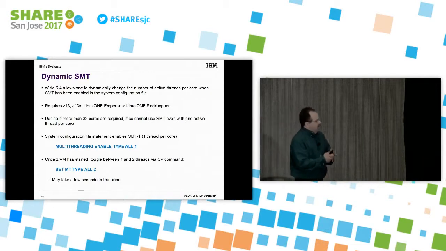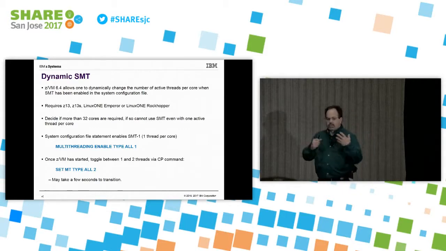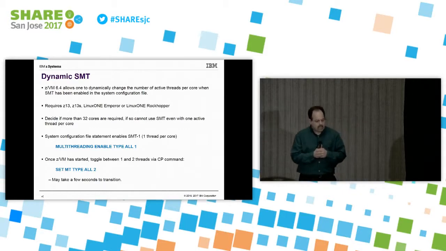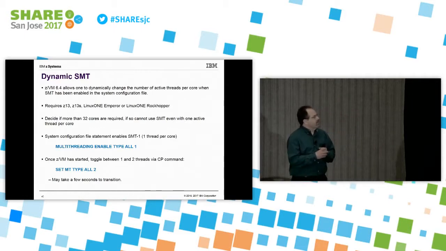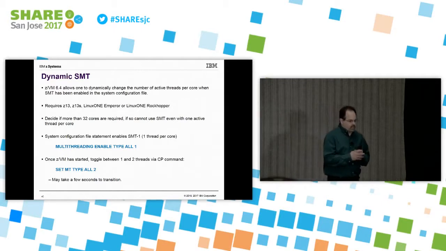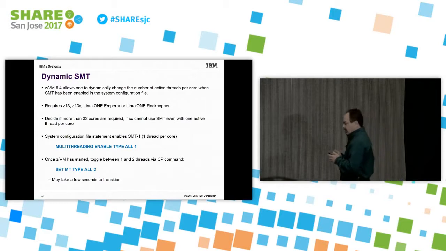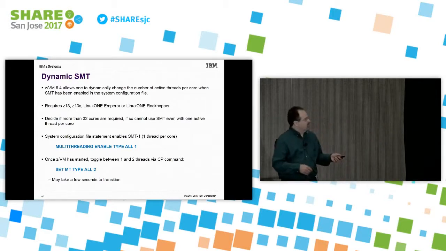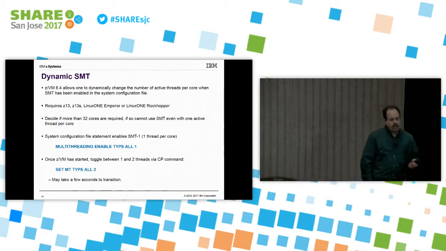So dynamic SMT. The SMT facility was introduced on the z13 family when the z13 came out, and supported all of the processors since then. We introduced SMT support with 6.4, but it required a config file change. Turning it on and off, to run multi-threaded or single-threaded, required a config file change and an IPL.